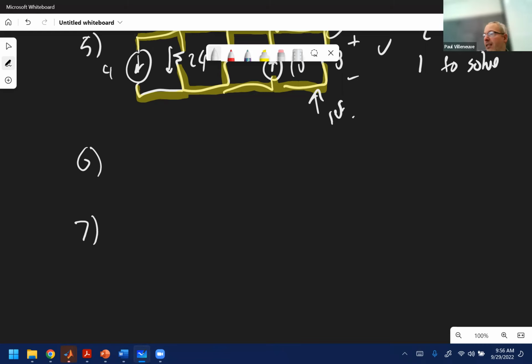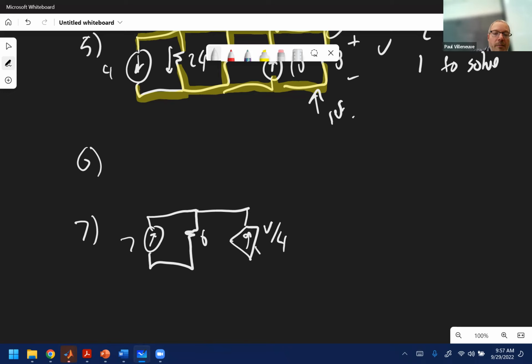Number 7 is a dependent source. Again, it is a common node. So this is 7. This is 6. People may have got confused because this is V over 4, but the arrow right inside there dictates that this is a current source.